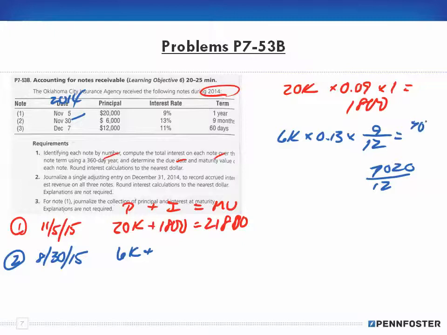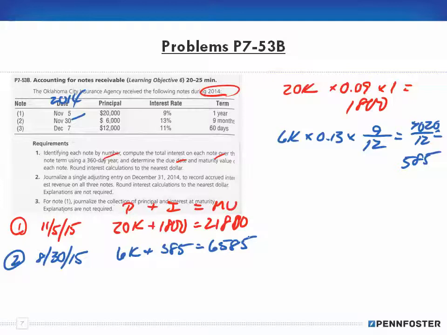Dividing 7,020 by 12, that's 585. So that's $585 in interest, and the maturity value is $6,585.